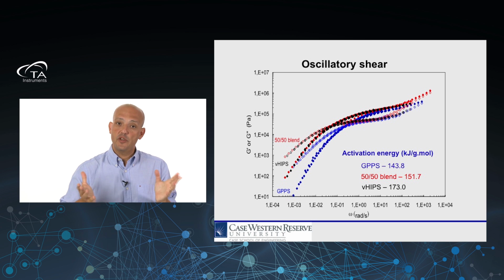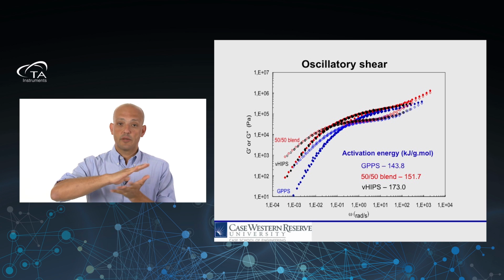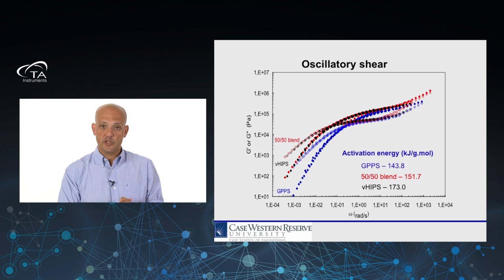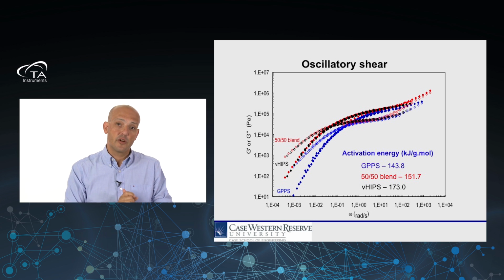The first thing that we do is we take the three materials, the blend and the two polystyrenes, and we perform shear experiments on them, essentially initially small amplitude oscillatory shear experiments to measure the storage and loss moduli at various temperatures. We apply time temperature superposition so we can have the activation energy of our materials.